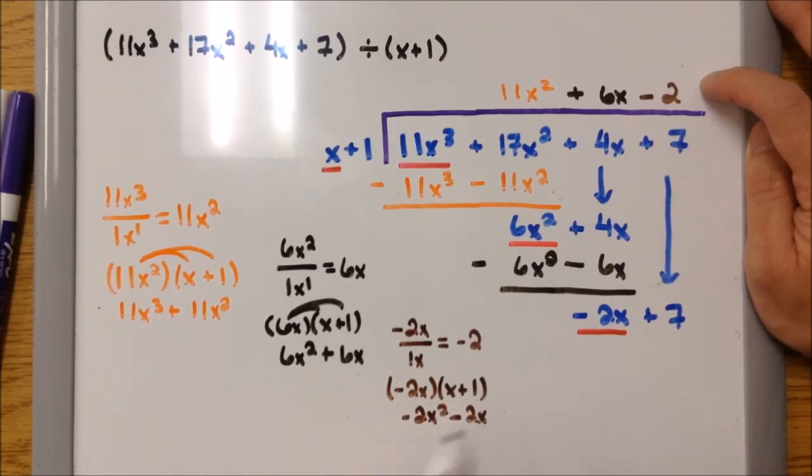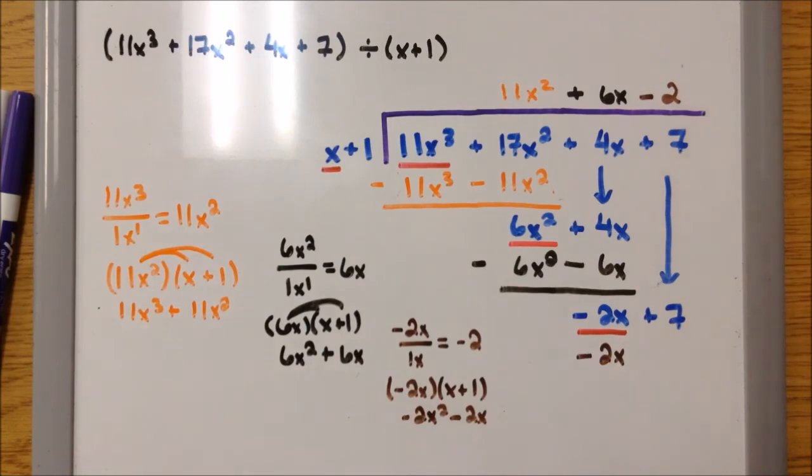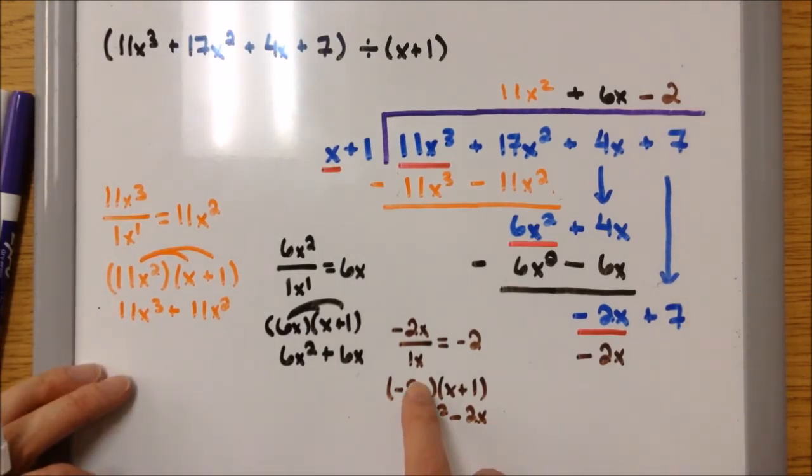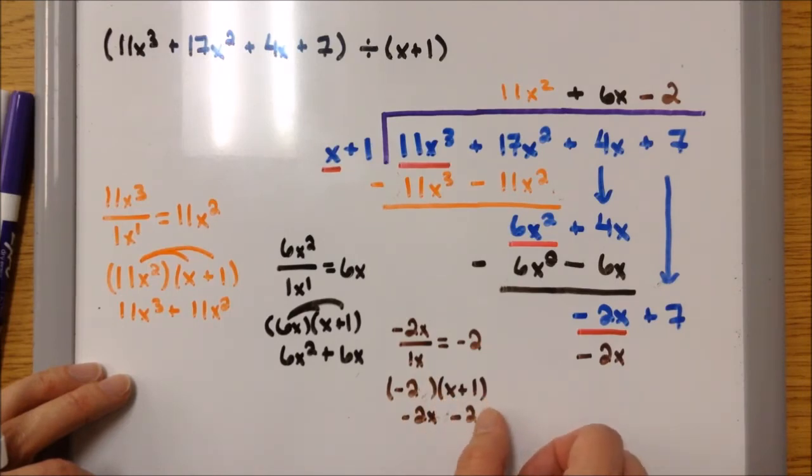And then I'm going to put it right here. So negative 2x. Oh, that's a mistake. This was supposed to be just a negative 2. So this shouldn't be x squared, and this should just be a number.